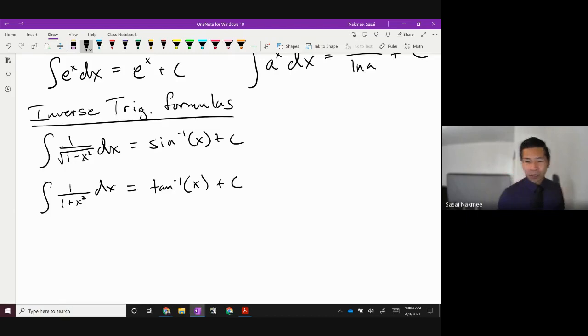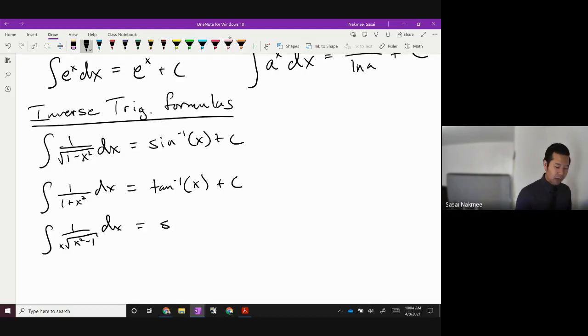And this last one I'm going to show you is a little rare, but it has shown up every now and then: 1 over x times the square root of x squared minus 1 dx. And this one is the inverse secant of x plus c.